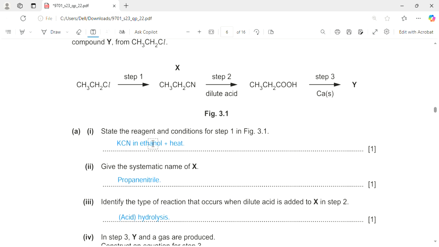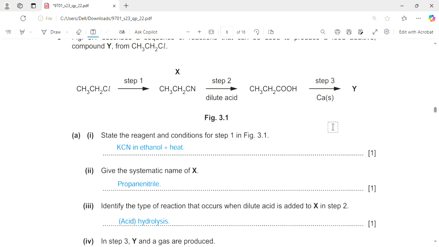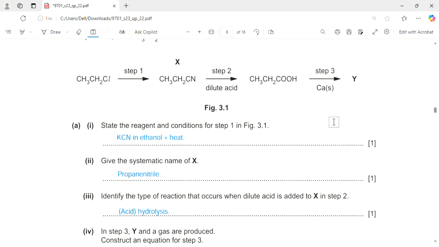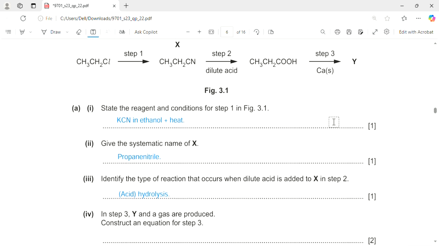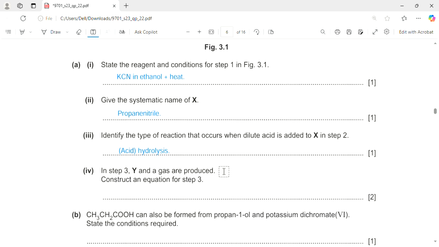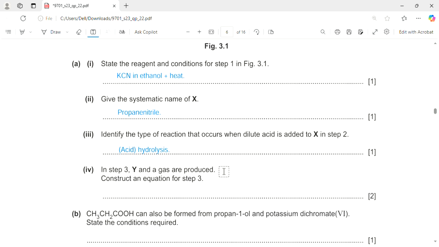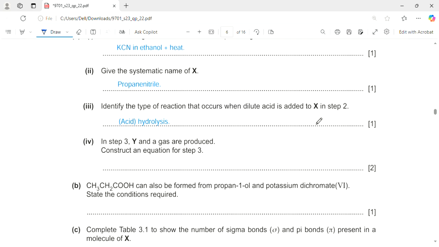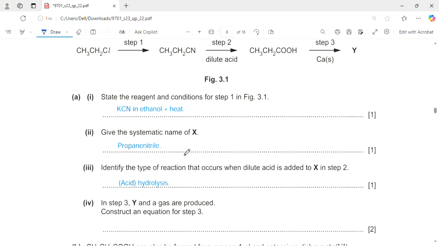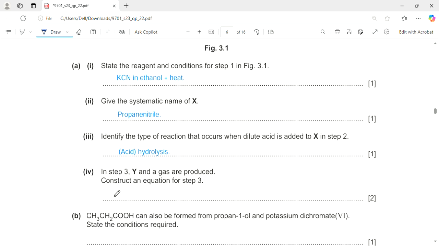Here is step 3 and here is Y, so we just write the equation. This is with calcium. So CH3CH2COOH, which is a carboxylic acid, propanoic acid.